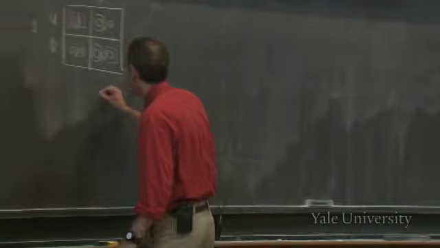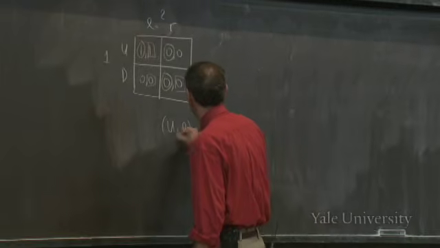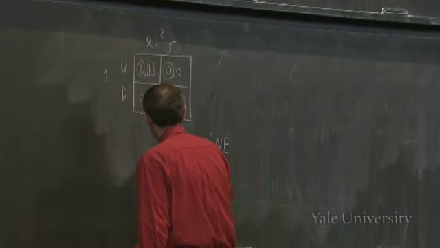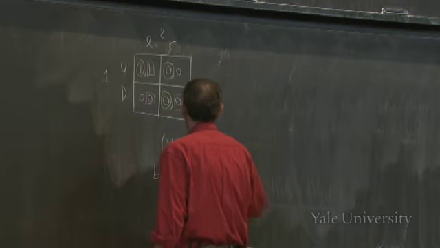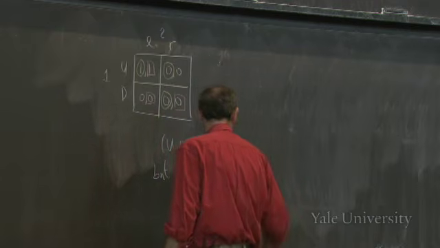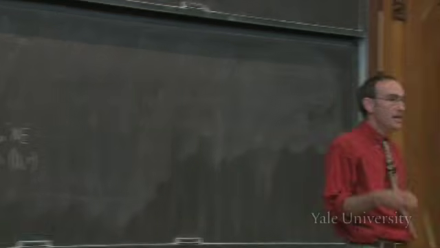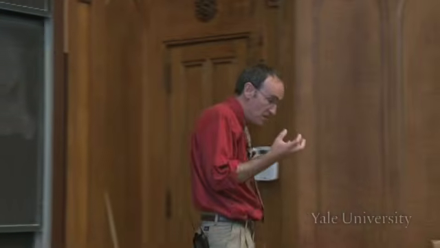However, unfortunately, up left is a Nash equilibrium, but so is down right. If player 2 is choosing right, your best response, weakly, is to choose down. If player 1 is choosing down, player 2's best response, weakly, is to choose right. And this arises because of the definition of Nash.